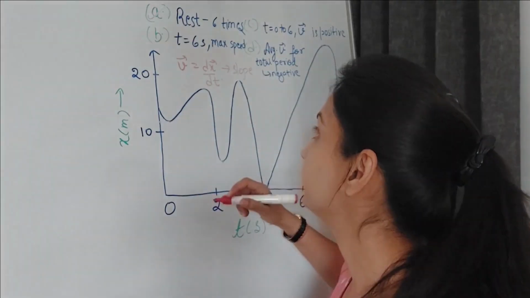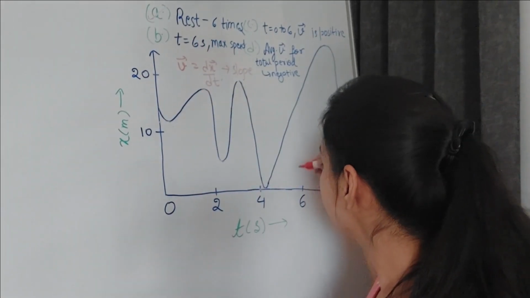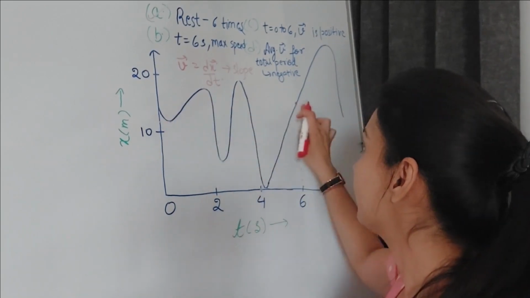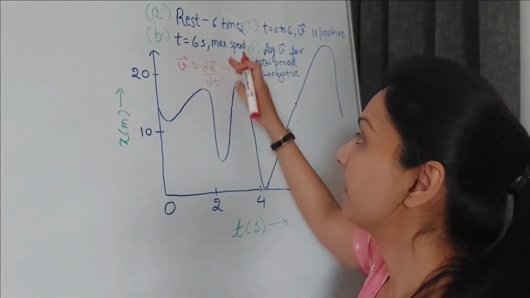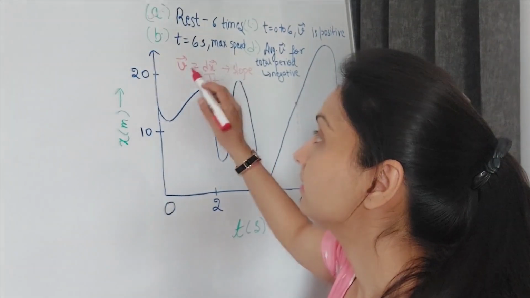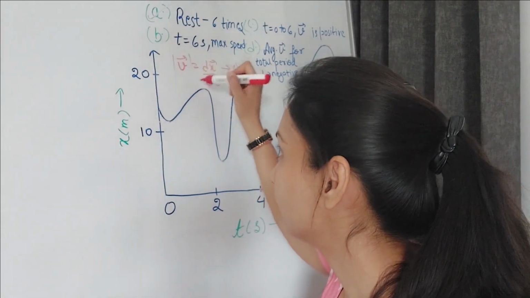Coming to option B, it says that at t equal to 6 seconds, that is here, at this position, we have maximum speed. So let us check it. You know that this is velocity and the magnitude of velocity is nothing but speed.